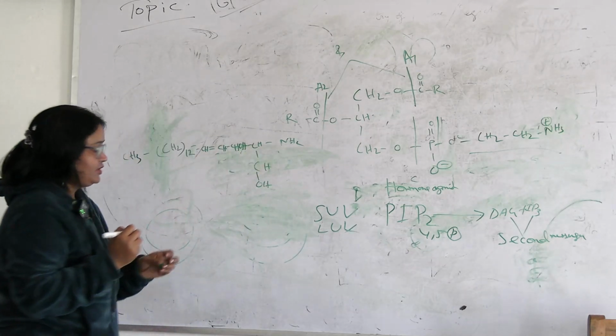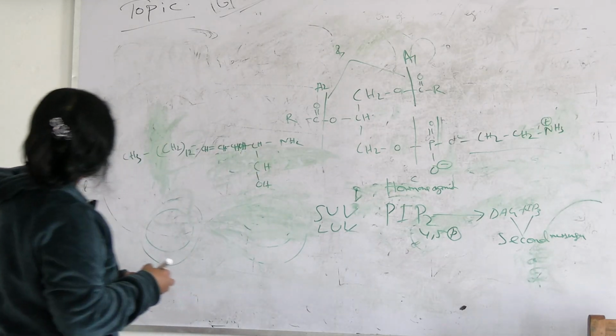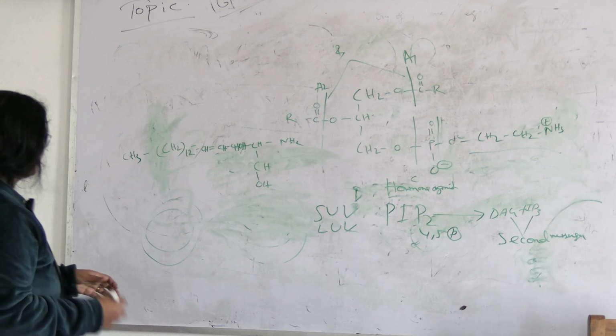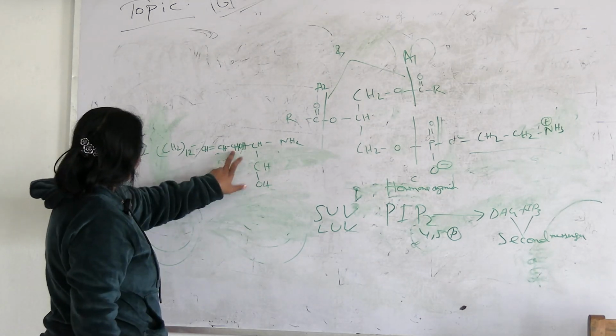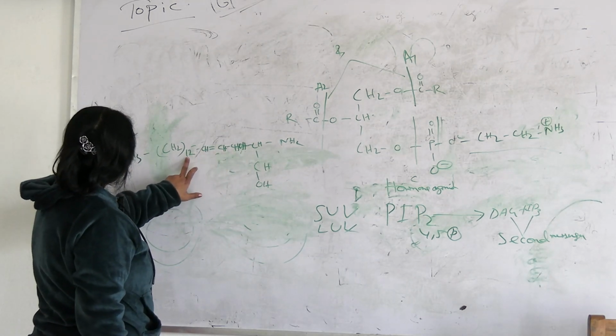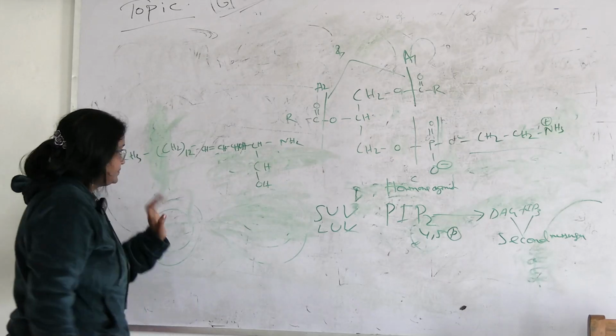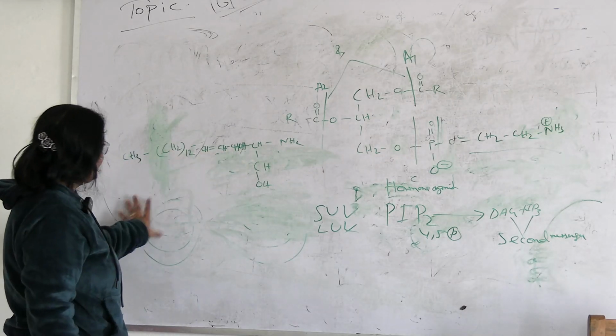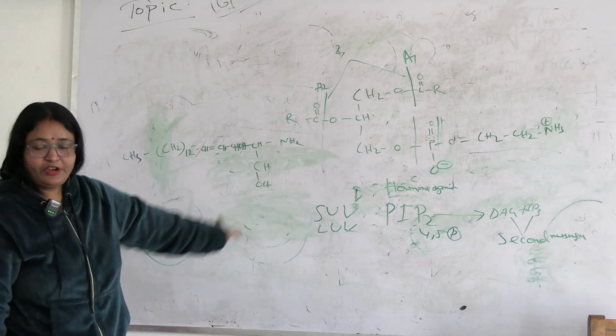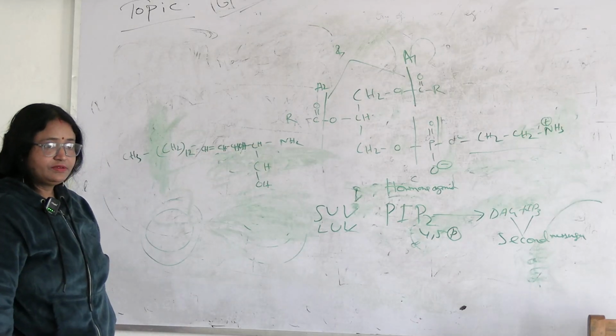Please draw the sphingosine once: 1, 2, 3, 4, 5, up to 17, 18. 4,5 double bond, 18-carbon amino alcohol. This is the structure.